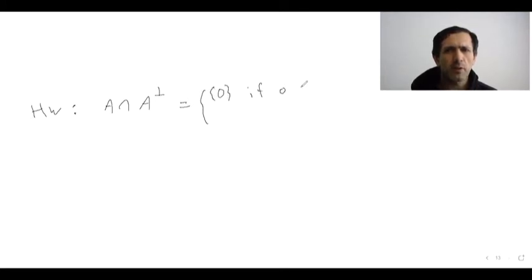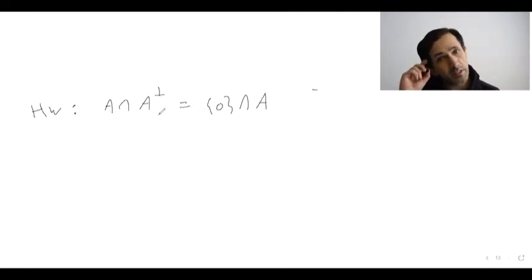So this is just 0 if 0 is in A. Well, maybe it's easier to write it as 0 intersect A. So what this means is if 0 is not in A, then there is nothing that's both in A and the orthogonal complement. If 0 is in A, then this is going to be equal to 0.